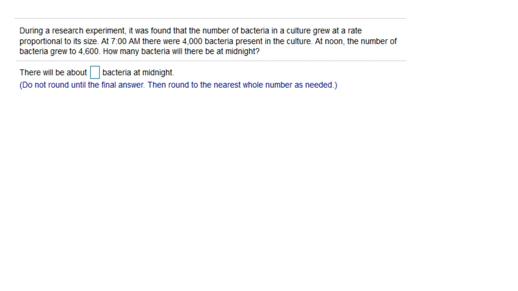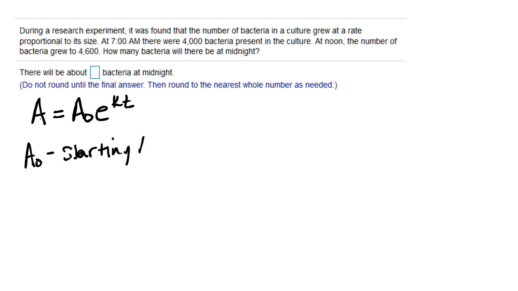So we're going to use our exponential growth and decay model for this example, which is A equals A naught e to the kt. So let's make sure we know what each one of these things are. A naught is our starting amount, or we mostly say initial amount.